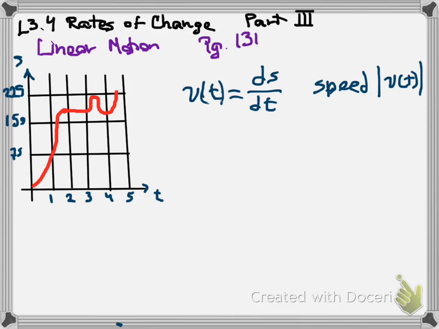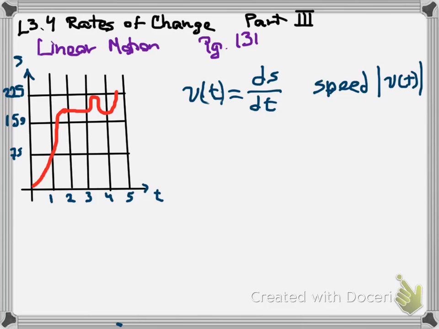When the tangent lines are steeper, that means that the car was speeding up. So if we want to know if it was speeding up or slowing down, for example, in the interval between 1 and 2, even if it's always increasing, the slope of the tangent line is positive between 1 and 2, but it's steeper between 0 and 1.